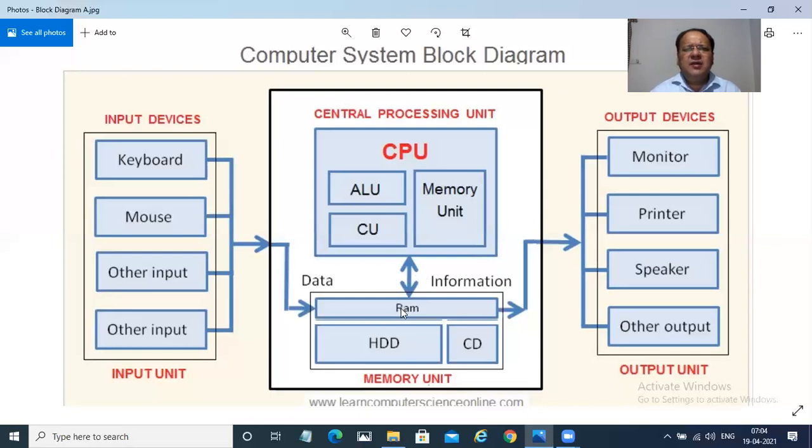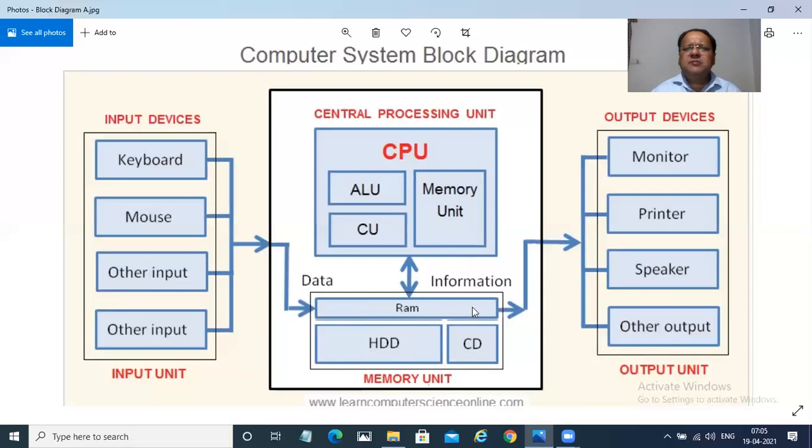Then we come to the other part, which is in the form of the hard disk and the CD. These are memory units, secondary memory units, or we call this secondary memory: hard disk and CD. This RAM is a part of your primary memory.